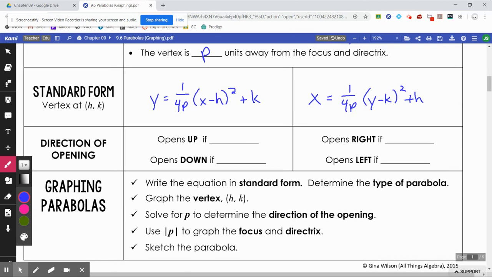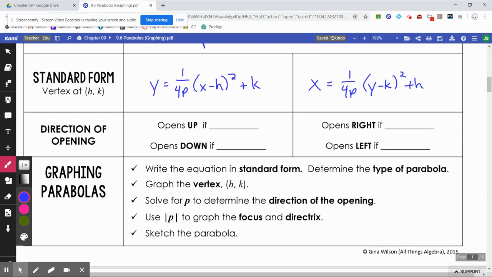Okay, opening up and opening down. It all depends on this p value. We've talked about y equals ax squared plus bx plus c, the quadratic form you're more used to. We always said if this a value out front is positive, then it opens up, and if negative, it opens down.